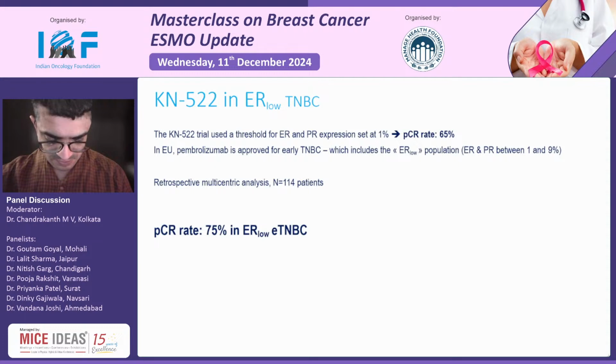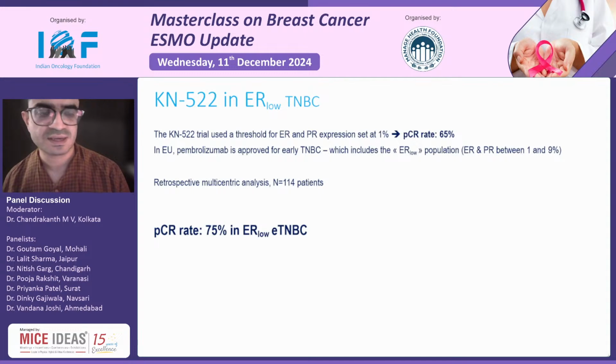So I will go to Dr. Dinky. We usually come across ER 1 plus, 2 plus, PR negative, HER2 negative, so very mild ER positive. How would you treat those patients? Would you treat with 522 or treat as a hormone positive disease?